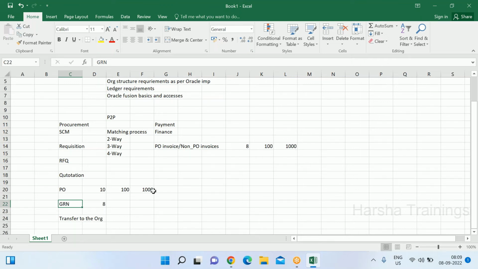The other case is especially for assets, where it is very useful, because for inventory material, even if they don't follow it, it's okay. Based on three-way match, they can complete. But for assets, especially what kind of assets? Assets that take time to install or set up in the company, like 2 months, 3 months. For those 2 to 3 months, you will not take responsibility for that asset, right?